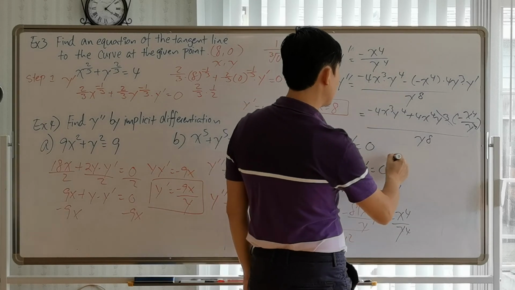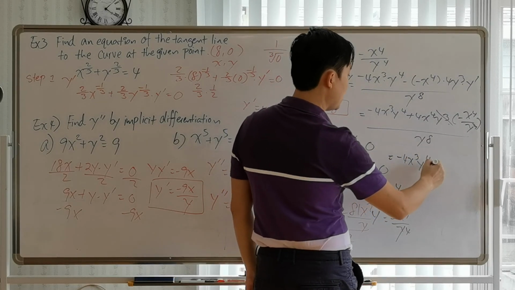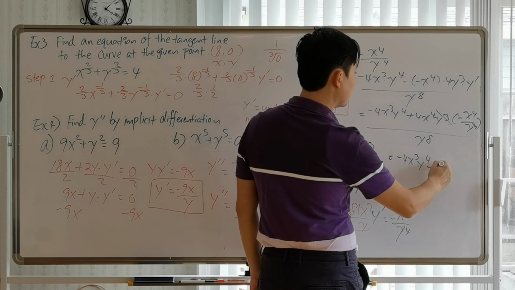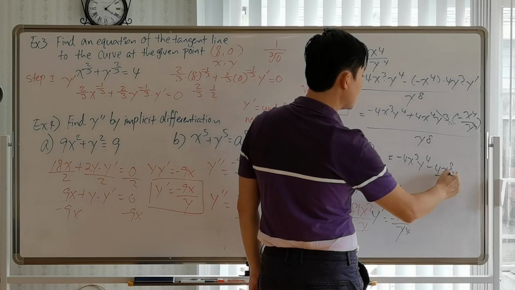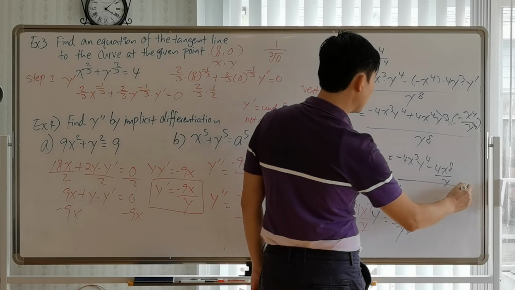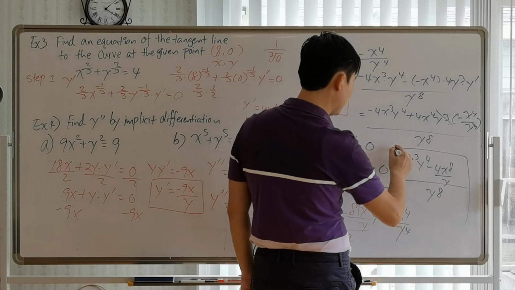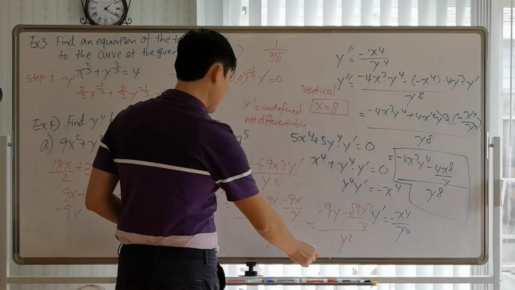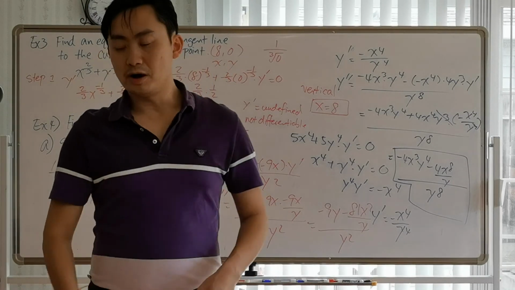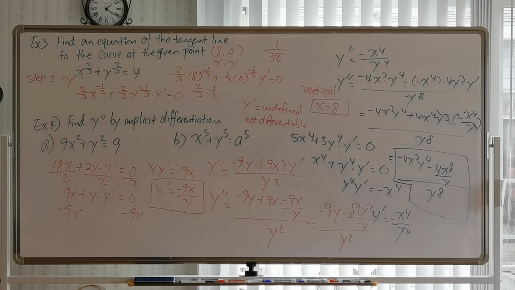And then eventually, it's negative 4x cubed, y to the power 4, minus 4x to the power 8, and then over y. And then this whole thing is all over y to the power 8. And then that would be the final form. Alright? So this one is part 1 of section 3.5, implicit differentiation.